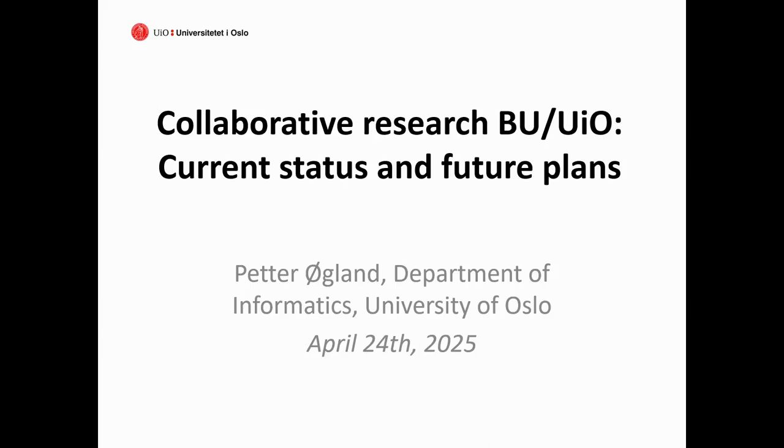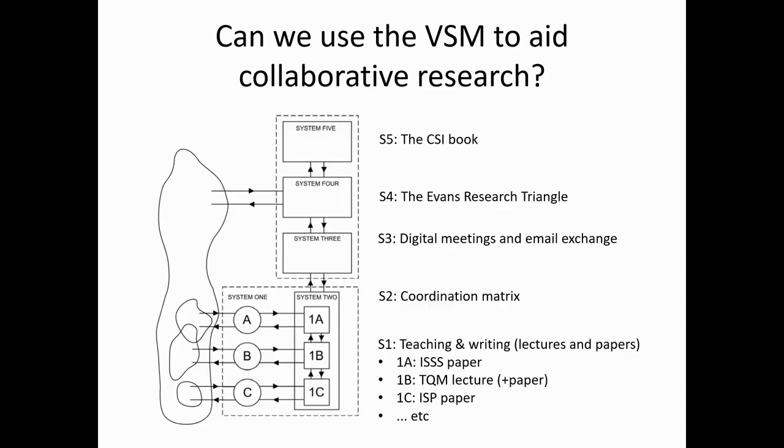Collaborative research, Bournemouth University and the University of Oslo: current status and future plans. What I want to explore is the question: could we use the Viable System Model to aid collaborative research?